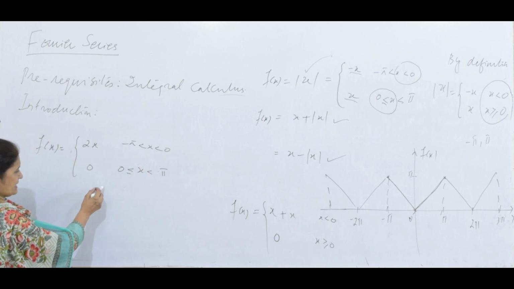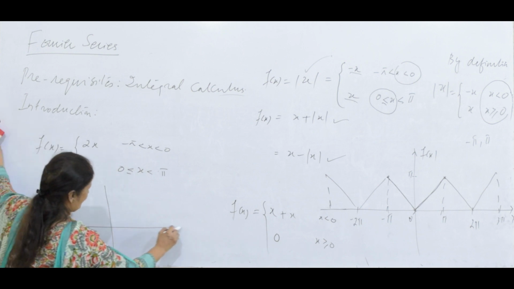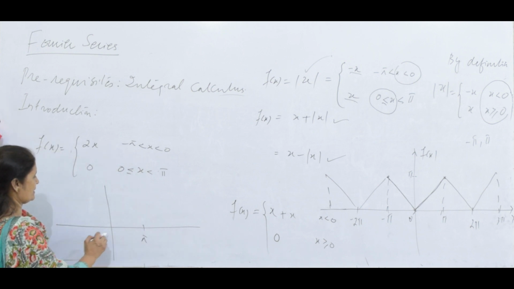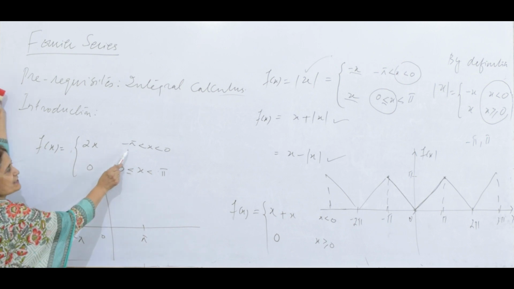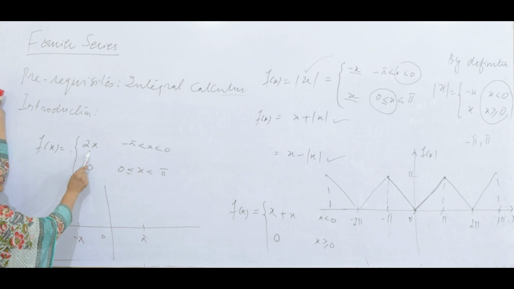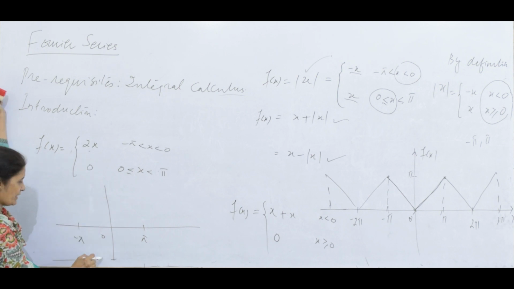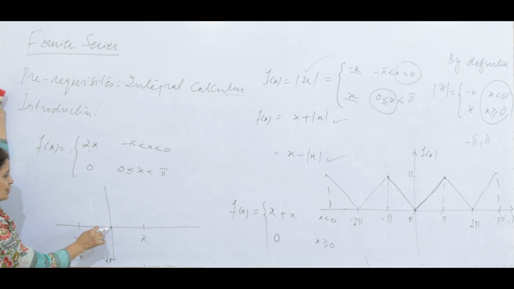If I am sketching this, this is pi, this is minus pi. When x is minus pi, it is 2x, which is minus 2 pi. Here, minus 2 pi. At 0, it is 0.